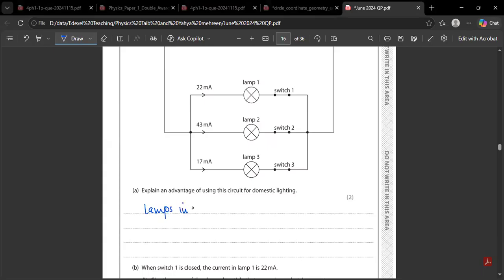Lamps in a parallel circuit can be controlled separately or independently.